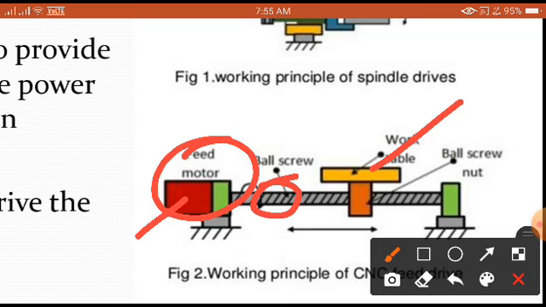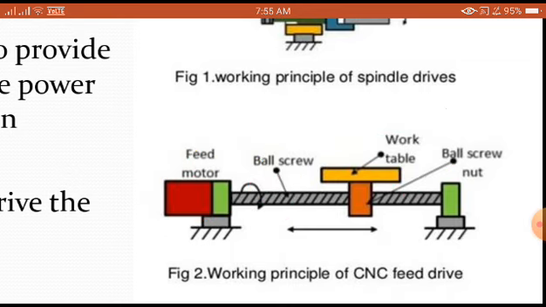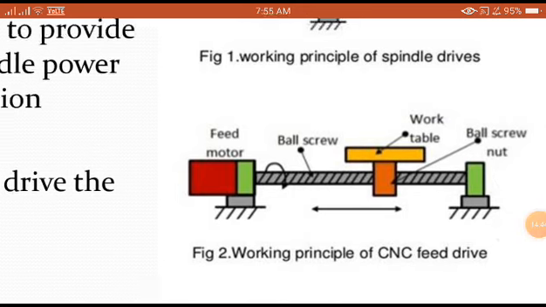The same concept is used here also. So this is called a ball screw, and the rotation of the ball screw gives the linear movement to the work table. Now the question comes, for example, whenever the motor is made to rotate here clearly, the motion is given to the feed motor.